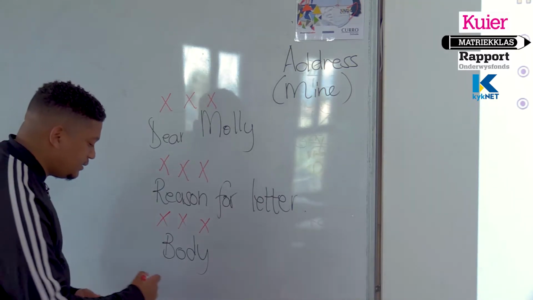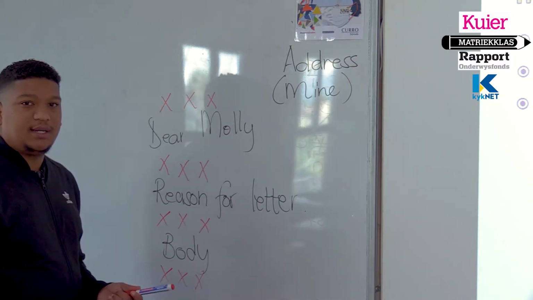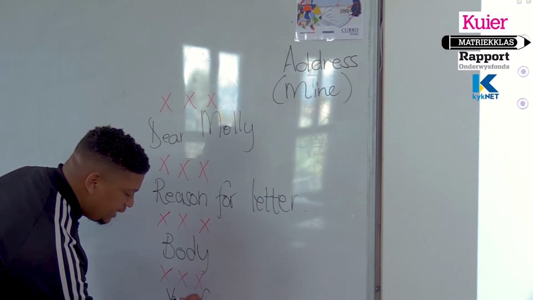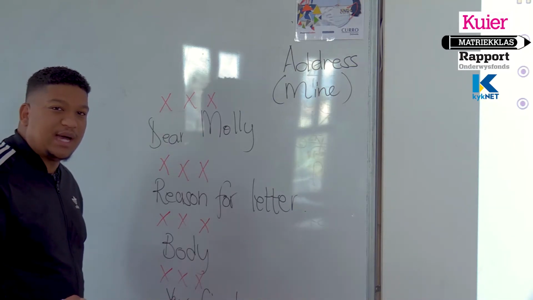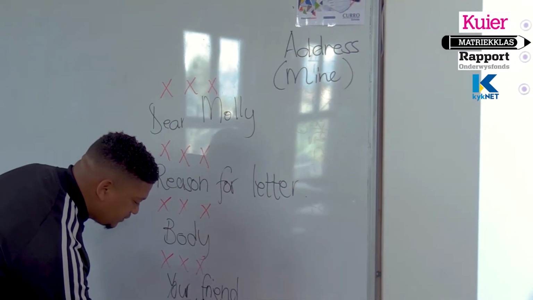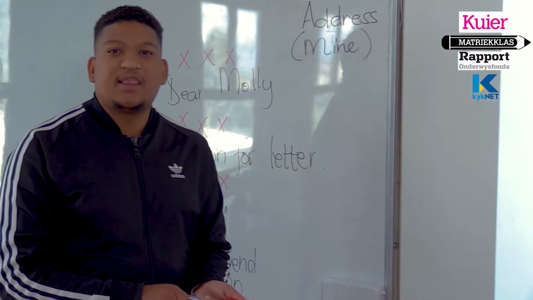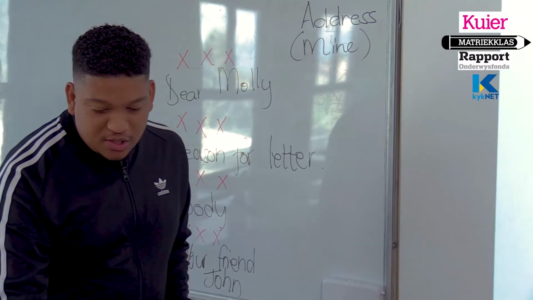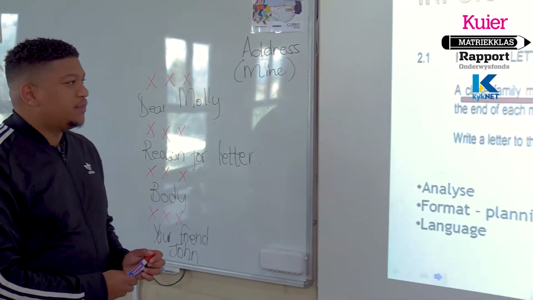And then I leave a line, and I conclude, and then once again I obviously greet and I say, your friend, or niece, or uncle, whatever the case might be, and then you add your name, John. So it's important that you stick to the format. Hence me saying FART.